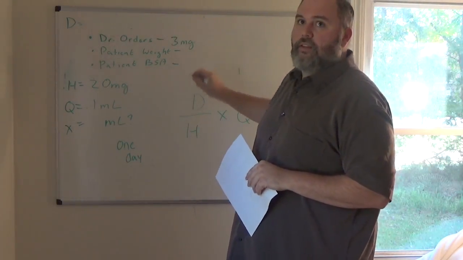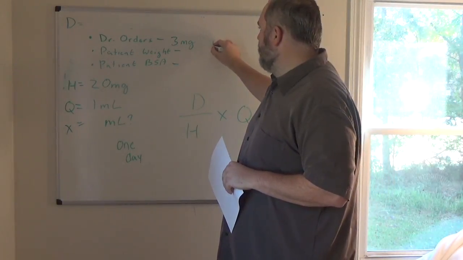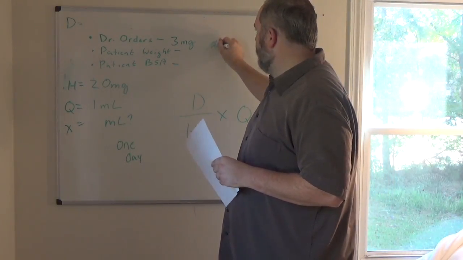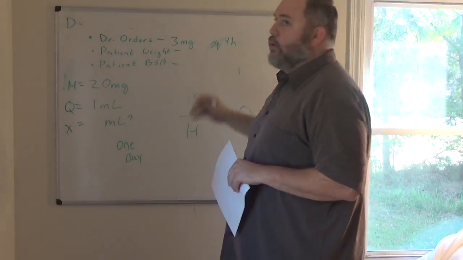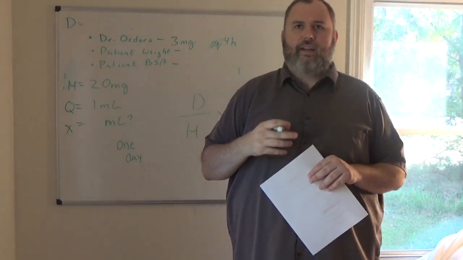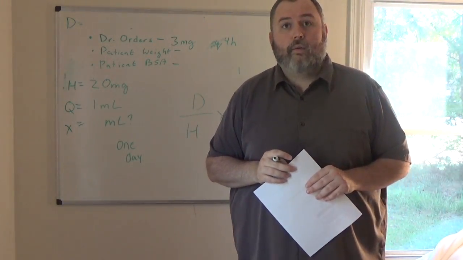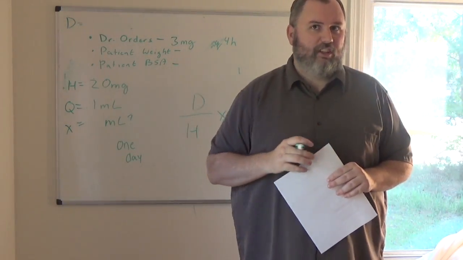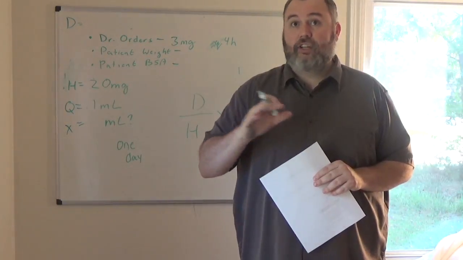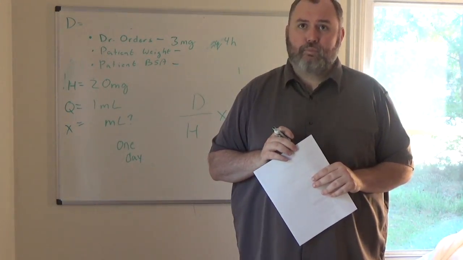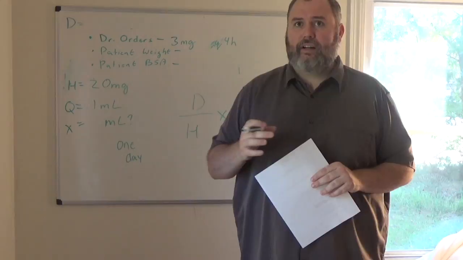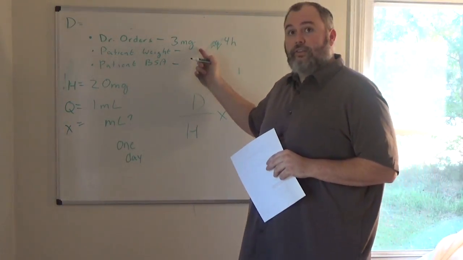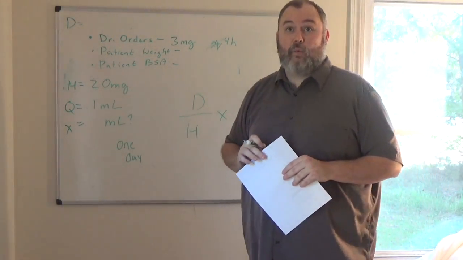And I am going to put this up here because it did say every 4 hours, okay? So in order to solve this, we got to do two things. One, we need to find out how much 1 dose is, just 1 dose, all right? And we can do this very simple. We know that the doctor said that there's 3 milligrams of medicine that we need.